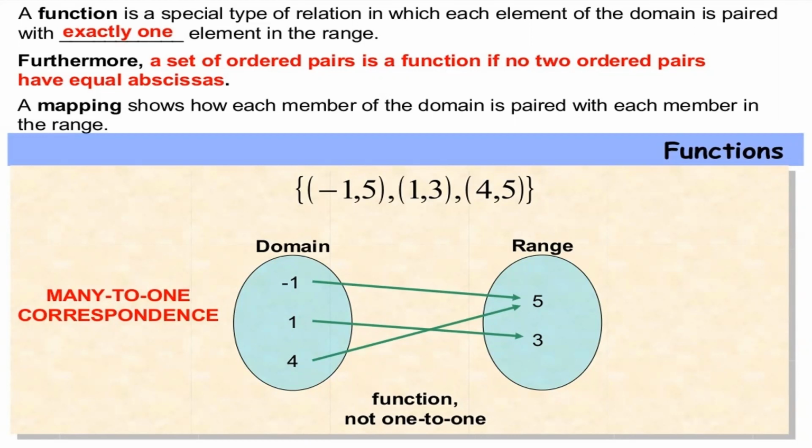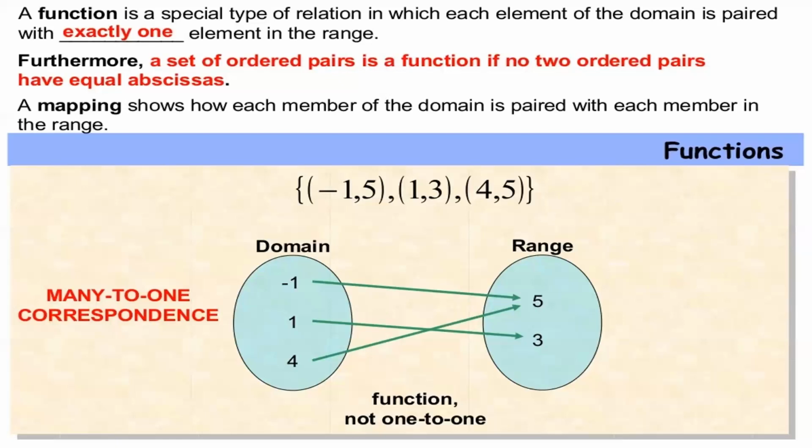So let's do the mapping. If our x is -1, our value of y or the range is 5, as you observe from the arrow. And then if our x is 1, we have 3. And then if the x is 4, we have 5.